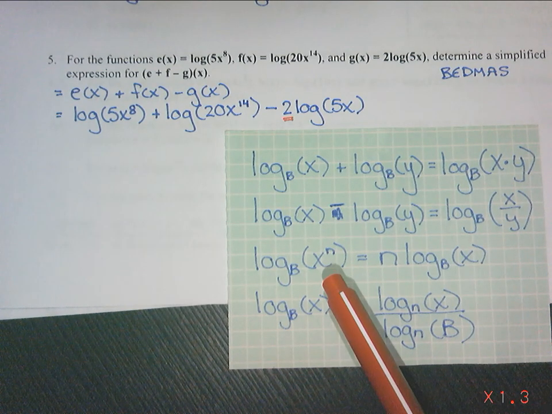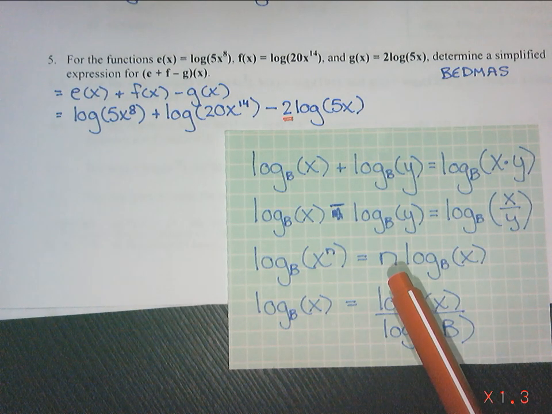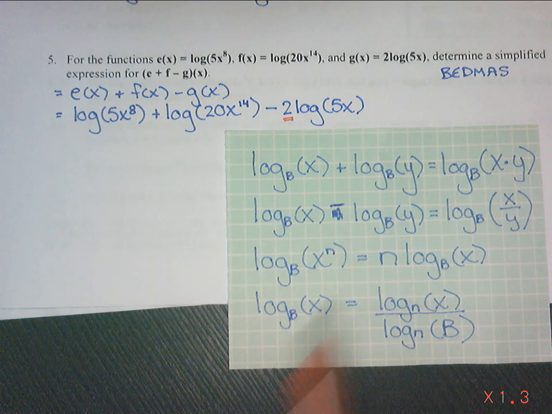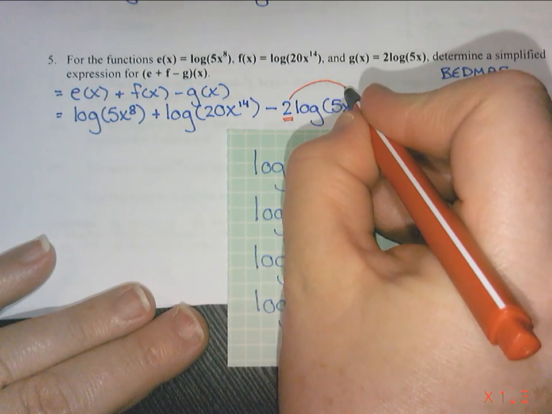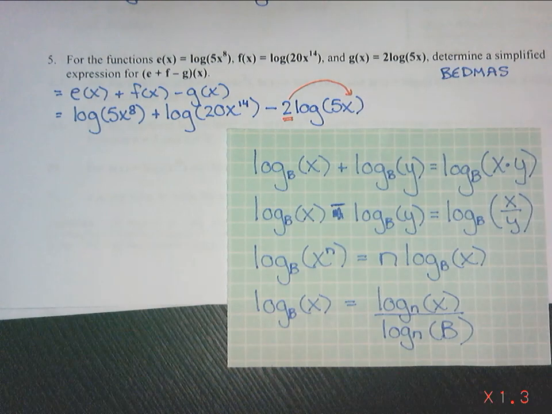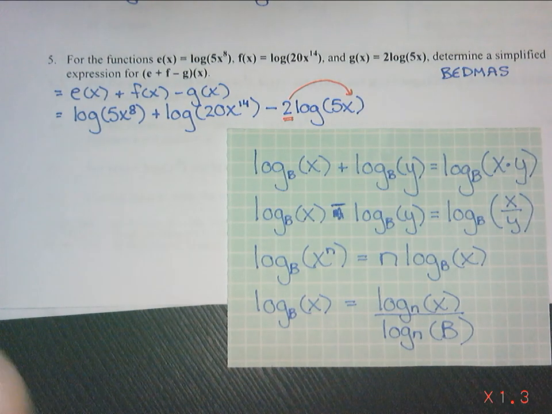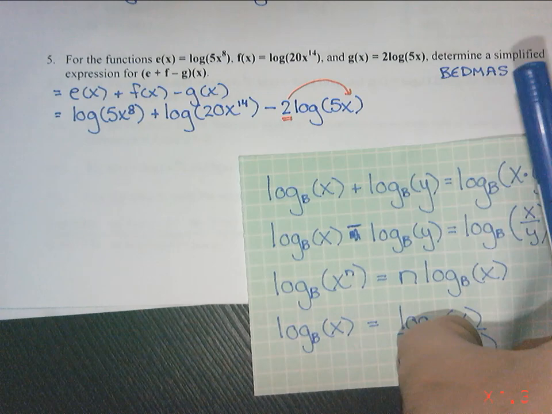So we have the third rule down that says, if we do it backwards, when you have something being multiplied by a log, you can bring it up as an exponent. So I can take that 2, not a negative 2, just the 2, and we're going to bring that up as an exponent on the 5x.